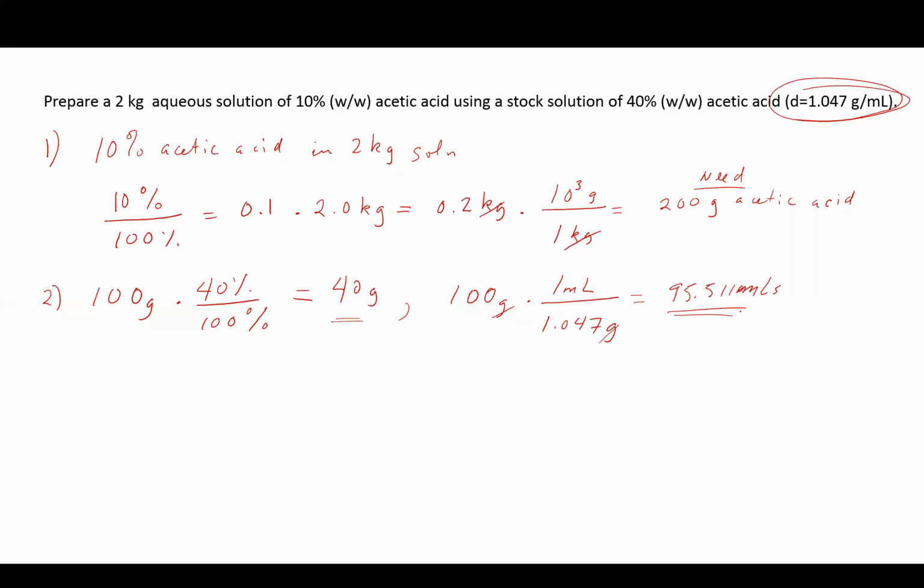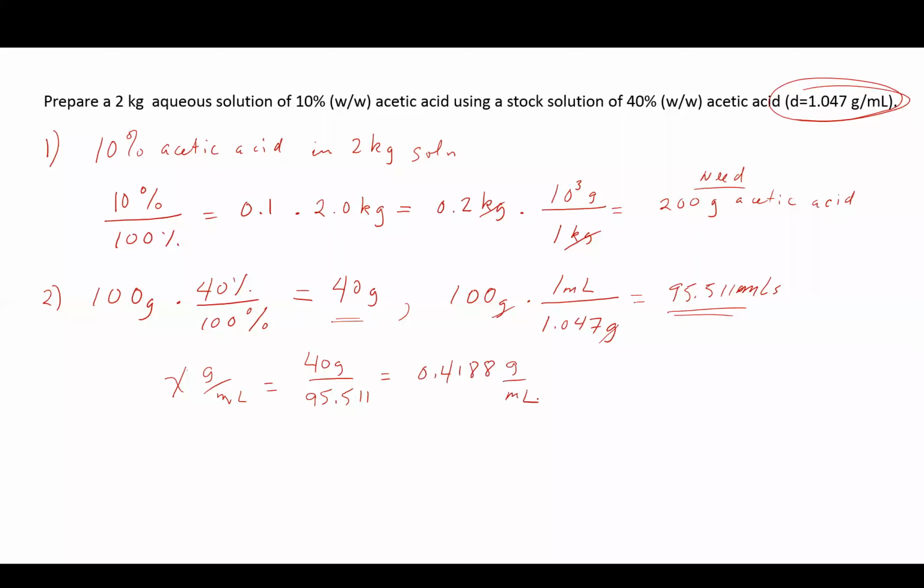To get the concentration in grams per mil, we take our 40 grams and divide by our volume, and we come up with a concentration of 0.4188 grams per milliliter.